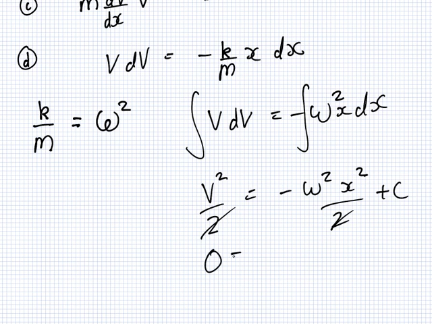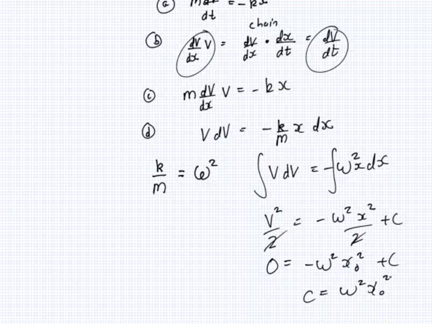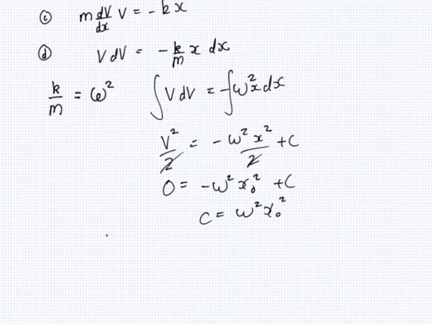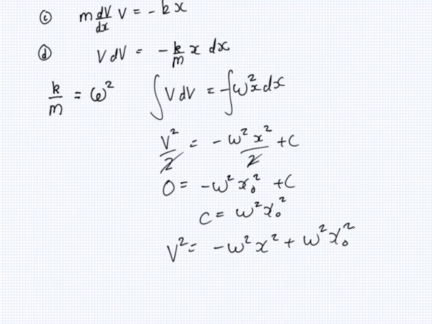Now, if you don't want to use the letter A, that's okay, I'll just use x0, the length at the beginning. So what does c equal? c will equal omega squared x0 squared. Okay, so now I get v squared equals minus omega squared x squared plus omega squared x0 squared.